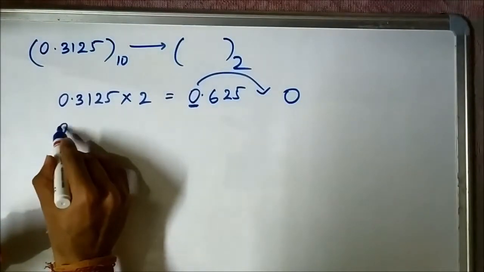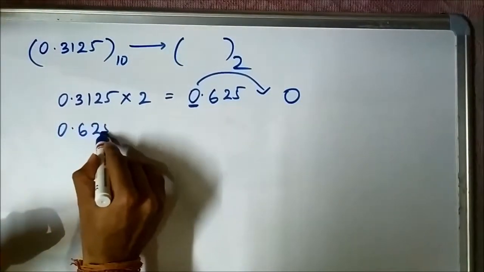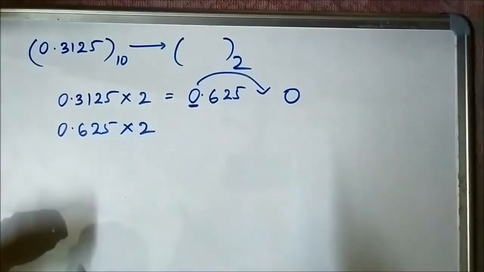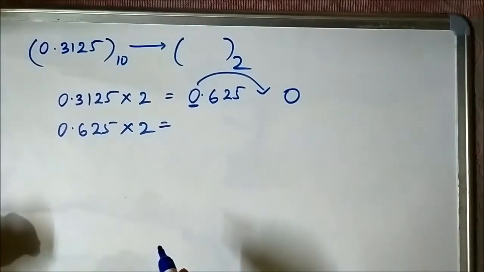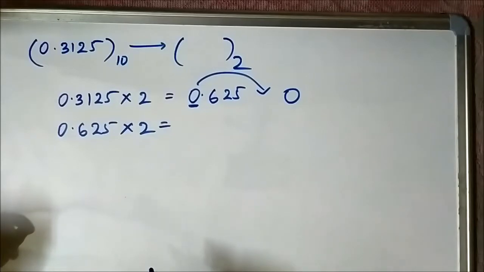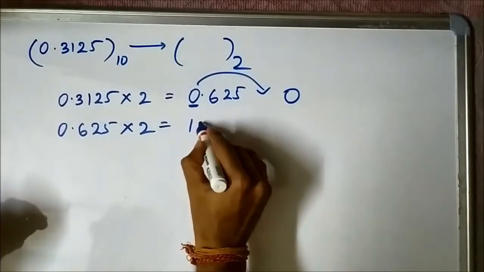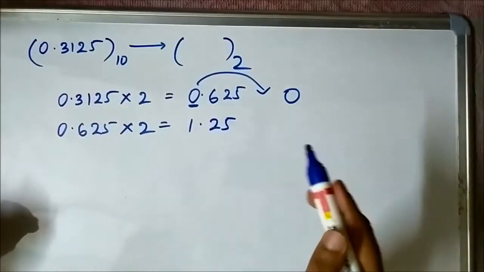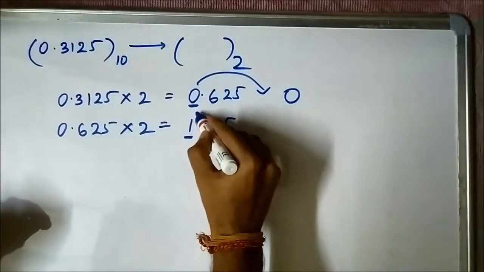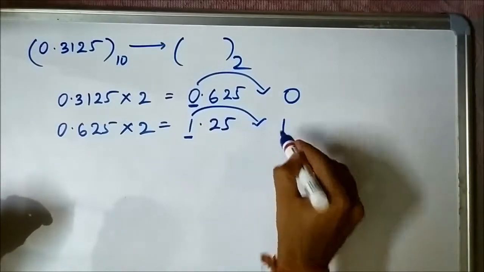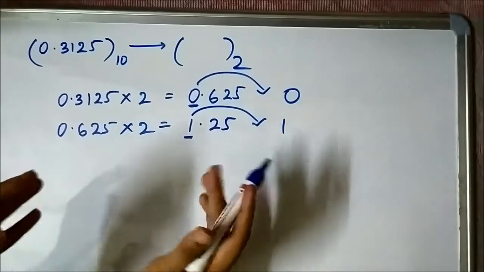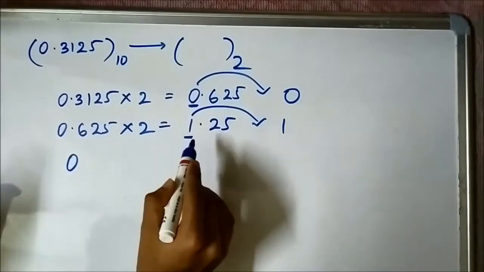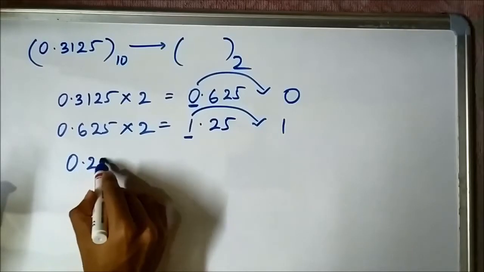Again, 0.625 into 2 is equal to how much? 1.25. So you take this 1 and write it here. After you have taken 1, the remaining value is 0.25. 1.25 minus 1 is 0.25.